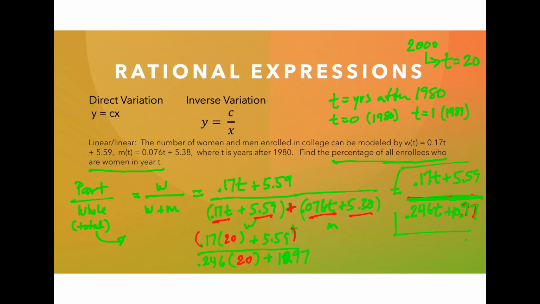Now if you're going to put this into your calculator, you want to do both of these. If you're doing it all at once, put the top in parentheses. So hit the parentheses on your calculator and go 0.17 times 20 plus 5.59. Close those parentheses. The reason why is because the fraction bar represents division.